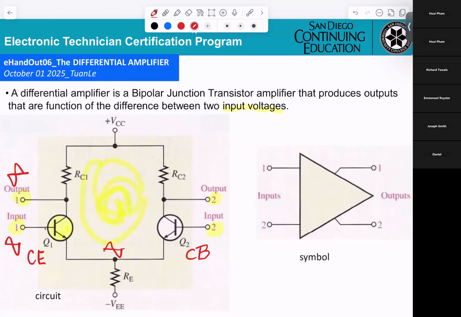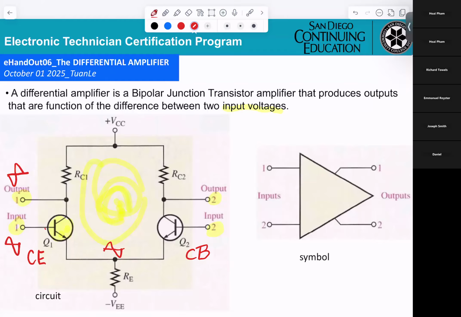You have to remember one thing: when you want to tell whether the amplifier is common emitter, common collector, or common base, you need to identify where the input goes and where the output comes out from. That will tell you.